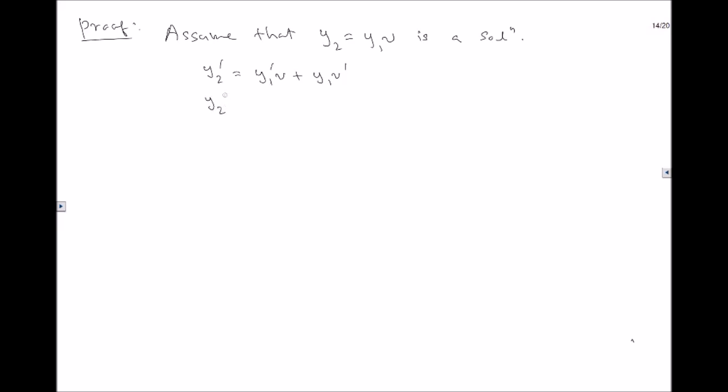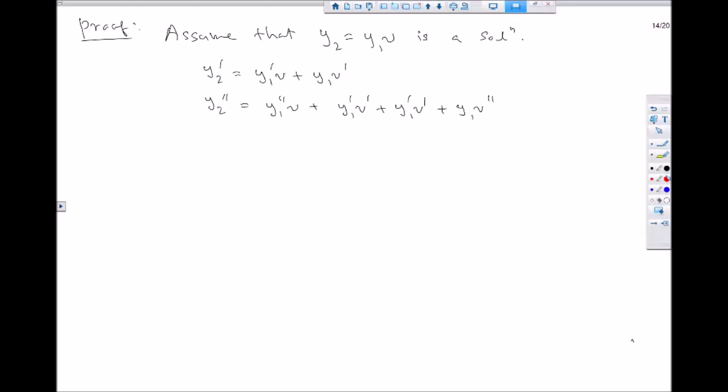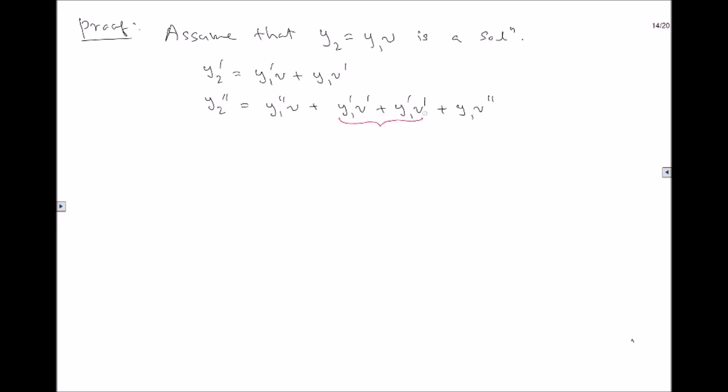If you take the second derivative, you get y1 double prime v plus y1 prime v prime plus y1 prime v prime plus y1 v double prime, from the product rule. You can combine the middle terms, so you get y1 double prime v plus twice y1 prime v prime plus y1 v double prime.